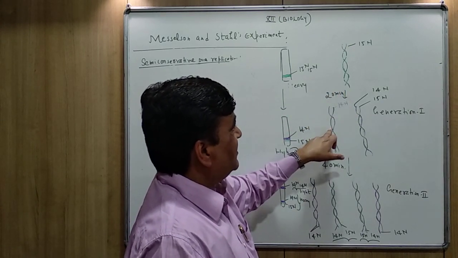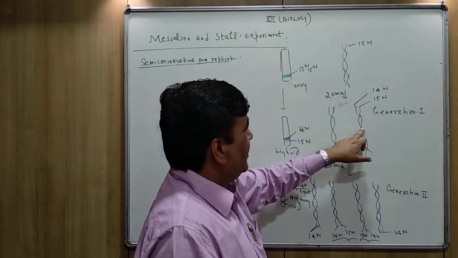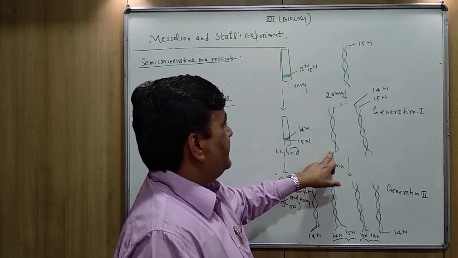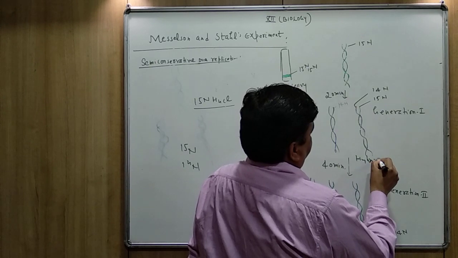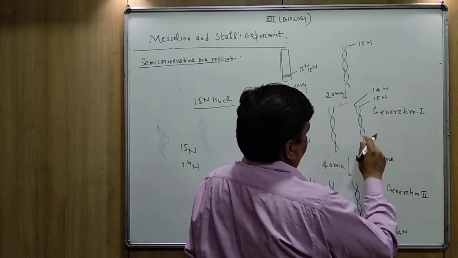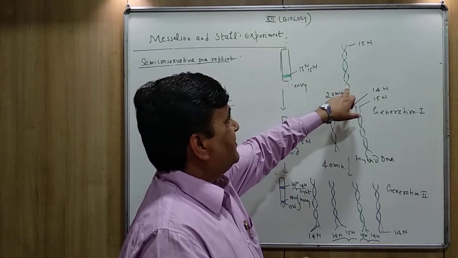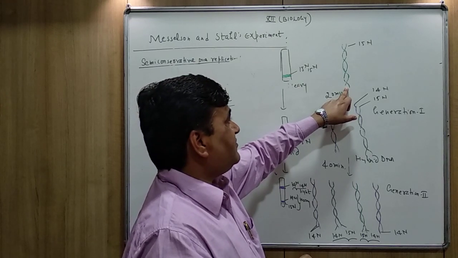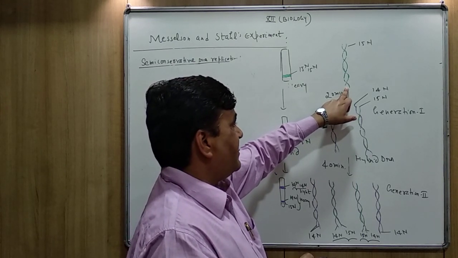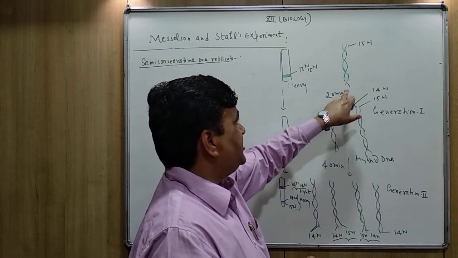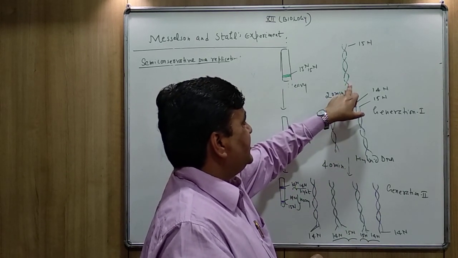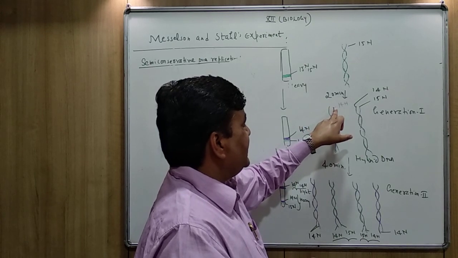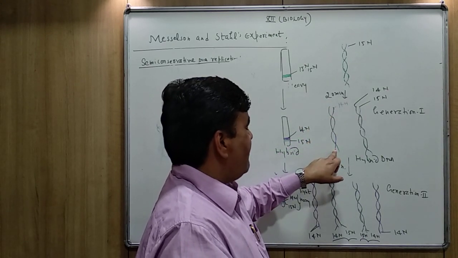After 20 minutes, what did he observe? He observed the hybrid. This is the hybrid DNA. Hybrid DNA means during the process of replication, both the strands are separated from each other, and both the strands act as the template to synthesize the new strand.